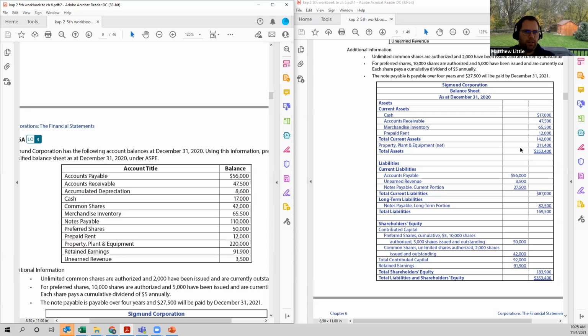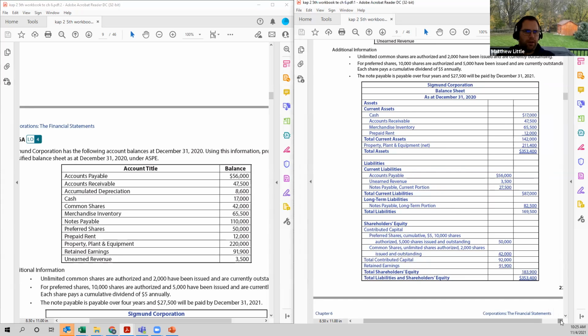So we have total current assets on the right-hand side here of $142,000. We look at our property, plant, and equipment, which is our cost 220 less the accumulated depreciation of 8,600. So we present a net book value in this case of 211,400 for total assets of 353,400.